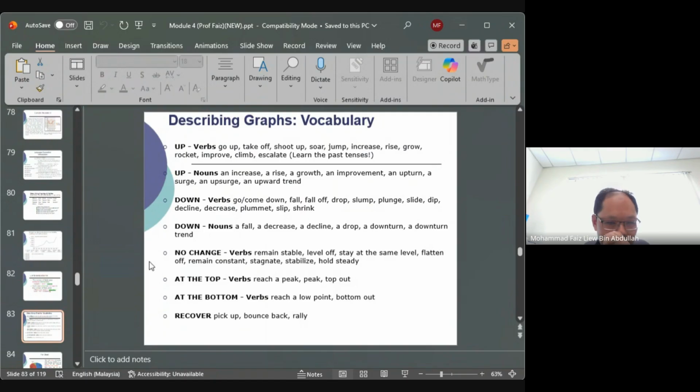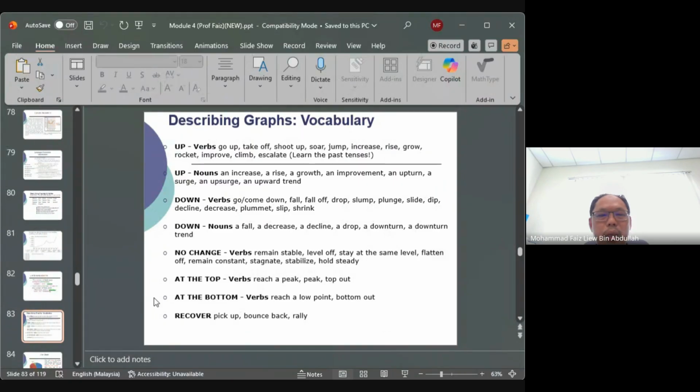Like down, decrease, decline. If no change, then you can say remain stable, same level, flatten, remain constant, stabilize. So at the top, this is the very top. There's up for verb, up for noun, down for verb, down for noun, no change. And at the bottom, you can say reach a very low point or bottom out.